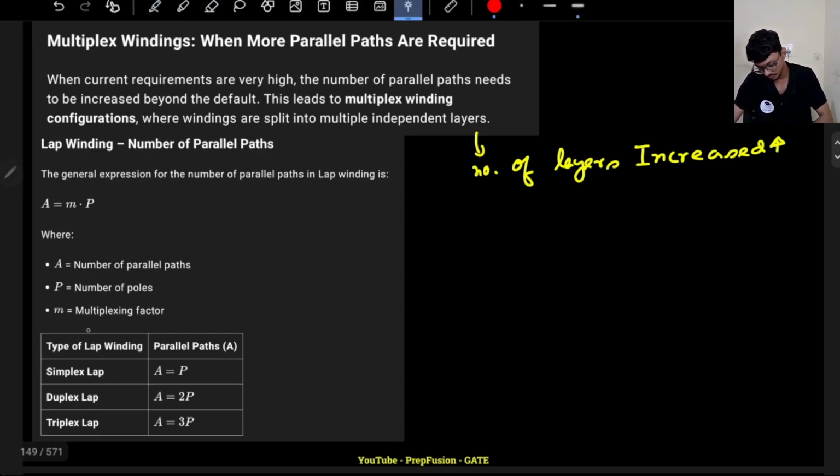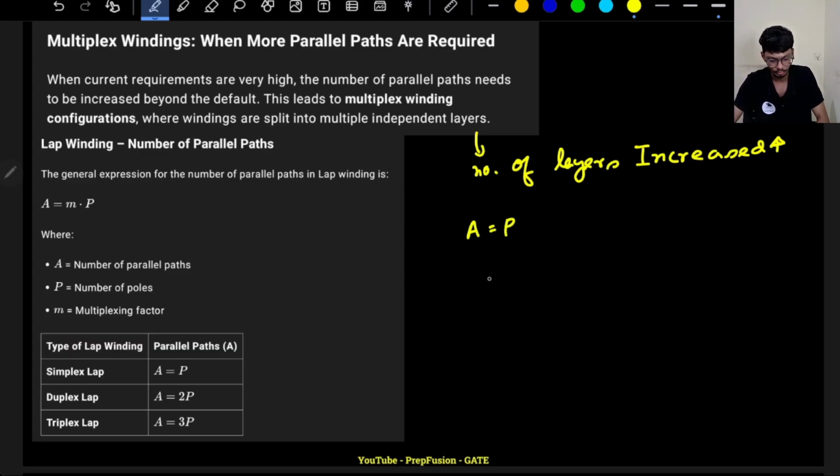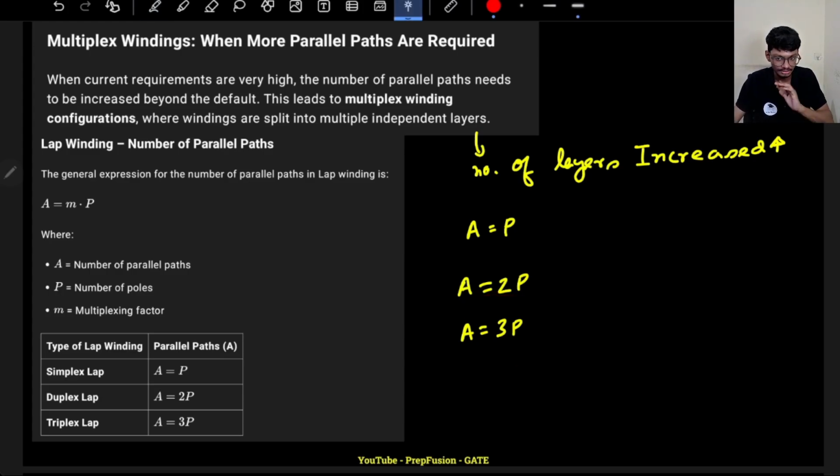In the normal simplest lap winding, number of parallel paths equals number of poles. In duplex lap winding, number of parallel paths will be 2 times the number of poles, because it is double layered, so number of parallel paths will increase. Now if it is triplex winding, number of parallel paths will be 3 times P. So I need higher current rating, so I have to increase the rating, so that's why the number of parallel paths has been increased.